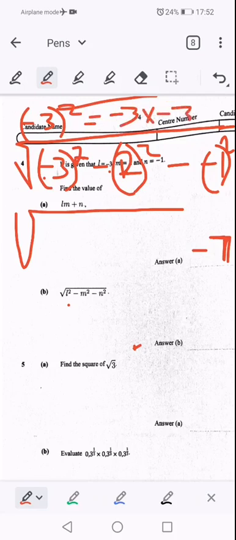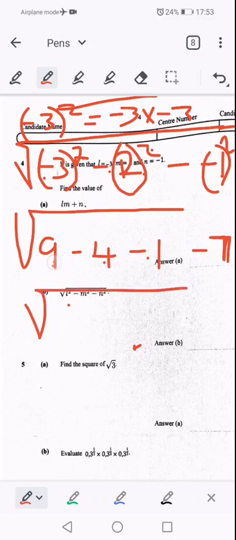Minus 3 squared means minus 3 times minus 3. Do you understand? So it's minus 3 times minus 3, 9. Then to that minus, 2 to the power of 2 means 2 times 2, which is 4. Then minus 1 to the power of 2 means minus 1 times minus 1, which is 1. Then minus 1. Then 9 minus 4, we get 5.